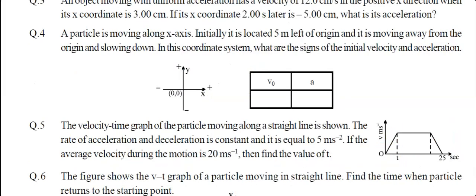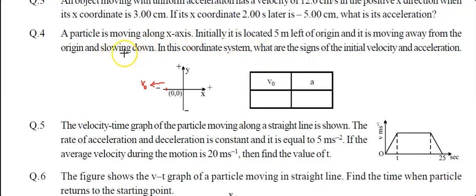Question number 4, you can read the question. It says we need to find the sign of V0 and A. So the particle is said to be 5 meters on the left, so it is on this left, and it is moving away, so it's moving in this direction, so that's the velocity direction, and it has a velocity which is reducing over time, right?